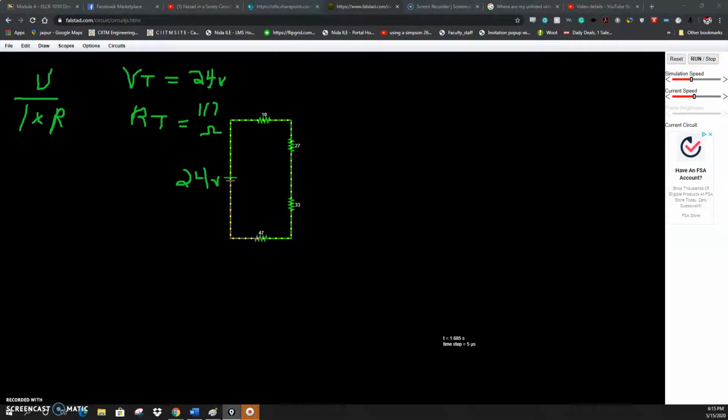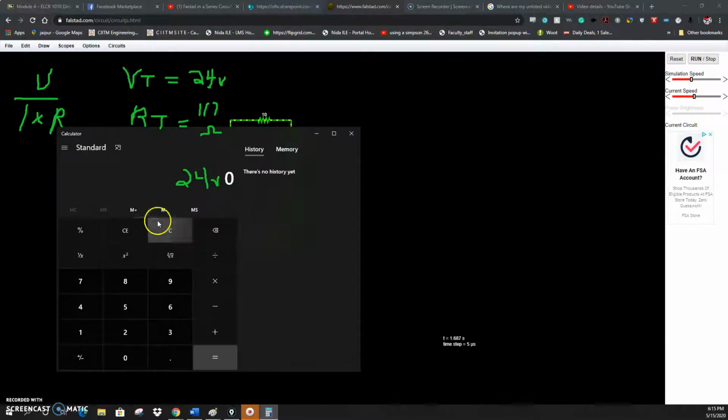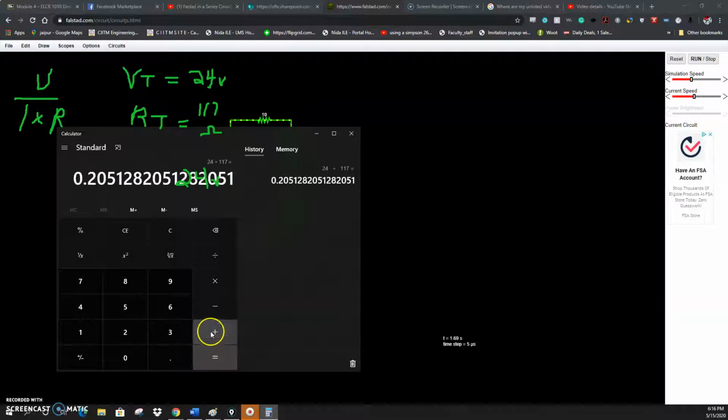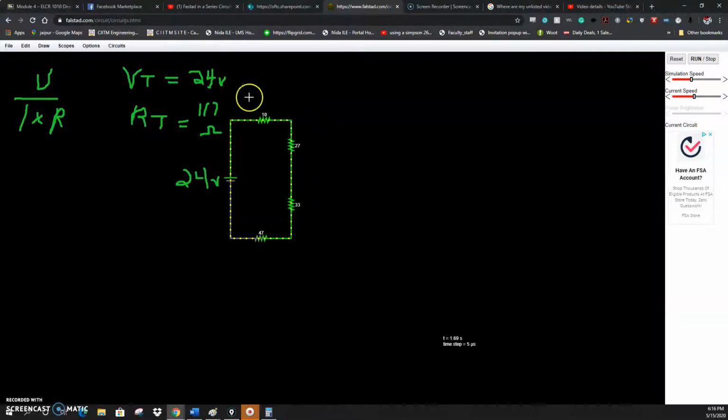I'm going to do that over here on the calculator. 24 divided by 117 equals 0.205 or 205 milliamps.